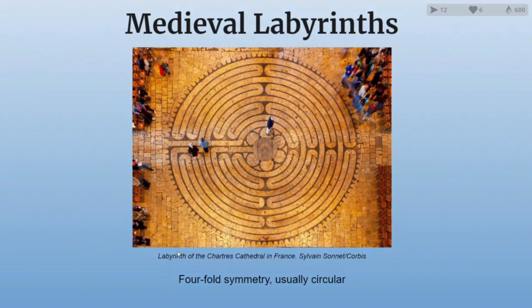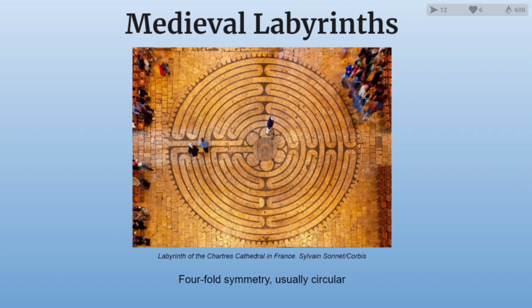All right, and finally, there are, not finally. Medieval labyrinths are usually found in Gothic cathedrals. They're used for meditation, and they symbolize the long and arduous walk to salvation. This one is in the Chartres Cathedral in France.